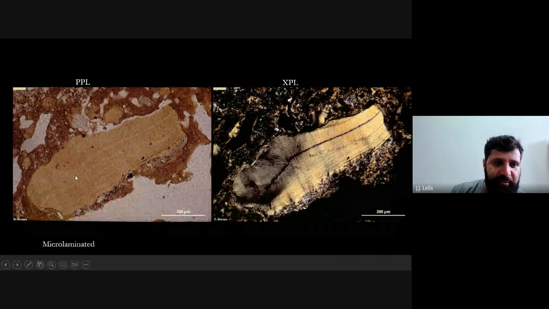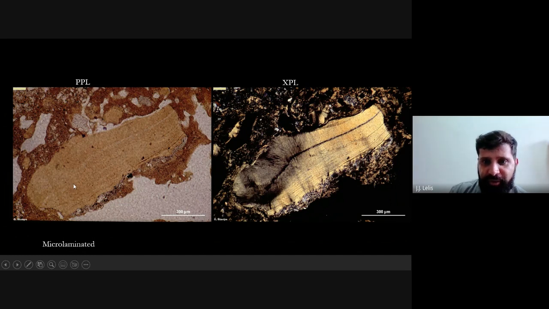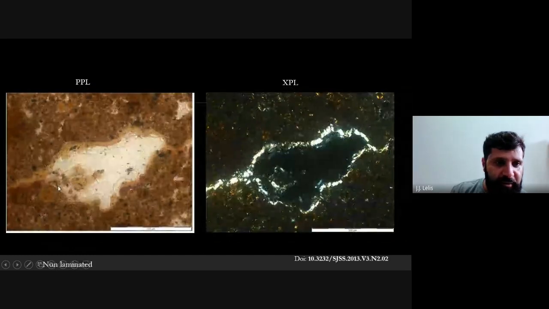Here we can see these clay coatings, these clay infillings, and here we can see some lines that show us that we have different materials, different minerals that compose this clay pedofeature, which is different from here, where we can see only one color.